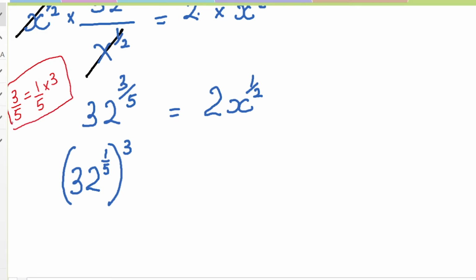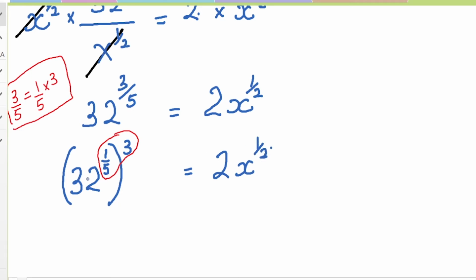That is how I've split it here. So it is 32 to the power 1/5, to the power 3. That's how it has been split. This is equal to 2x to the power 1/2.